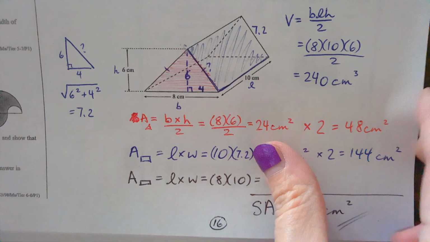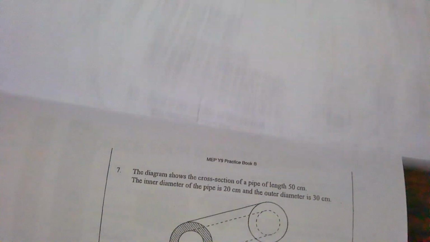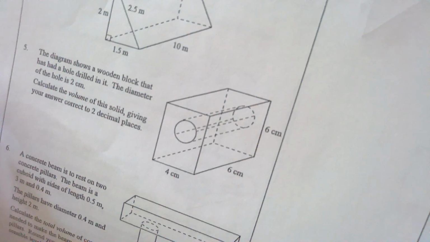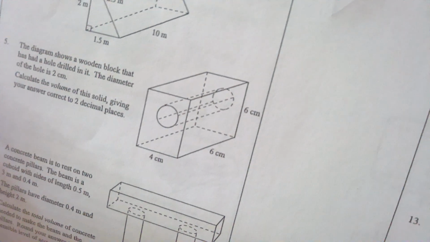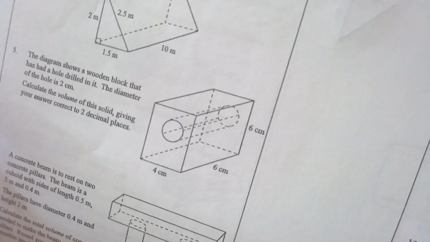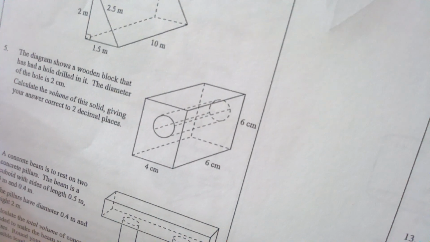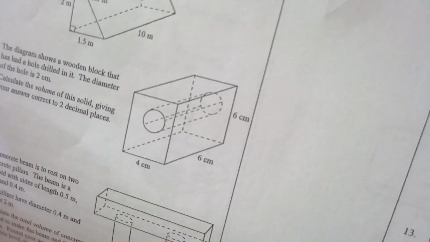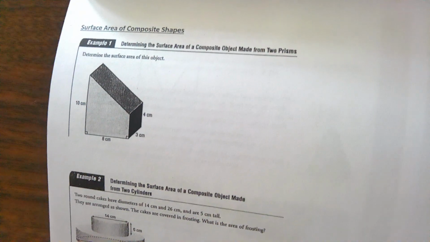So your homework is just page 17 and 18. Try it out. You can skip some of these if you want, but it will help you to do tomorrow's. Tomorrow is building on this.